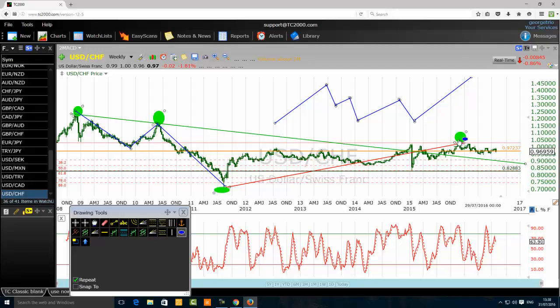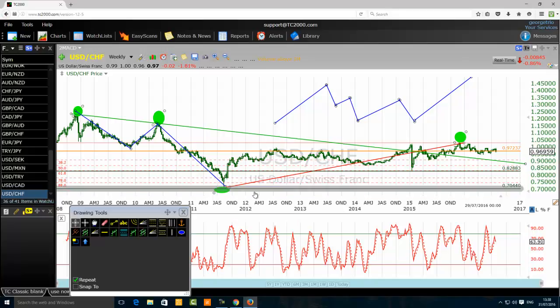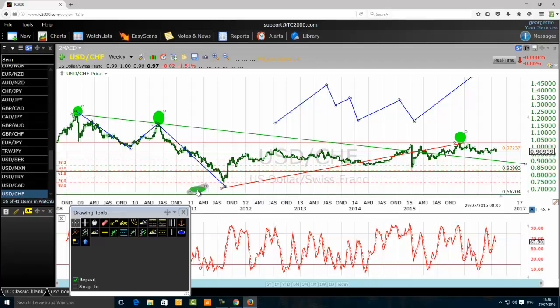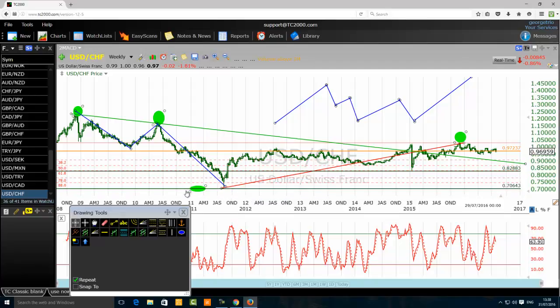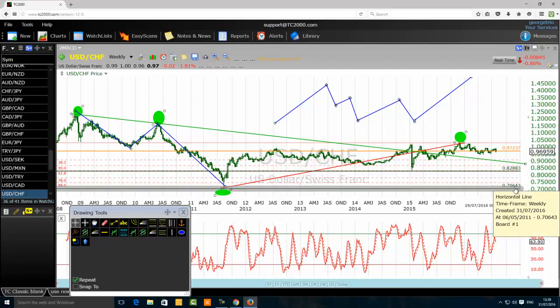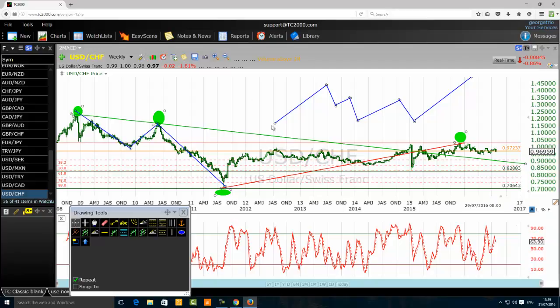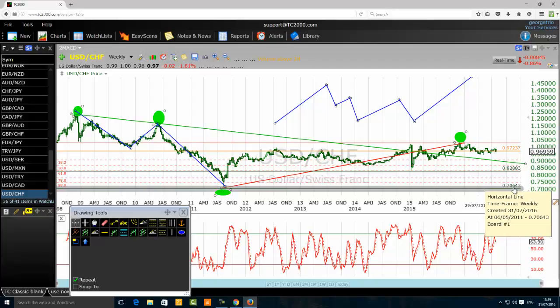The best place to buy is this low here at 70.64. So price went up, and then 1, 2, 3 down, and then started going up. We will prefer it to pull back to the zone of 70.64.